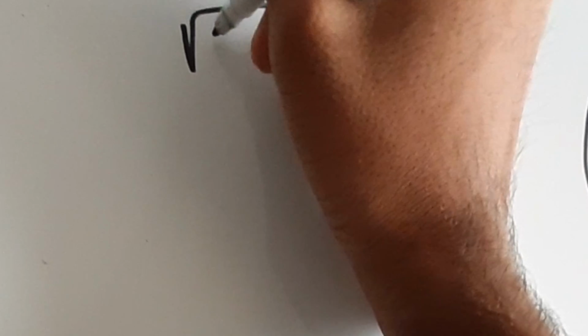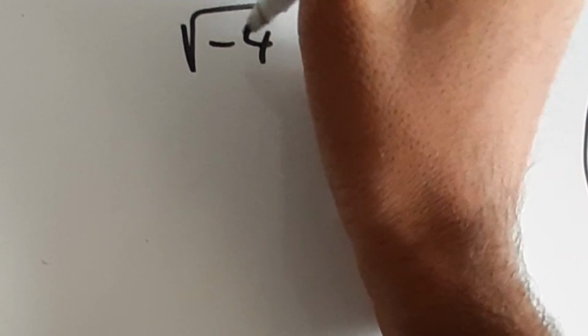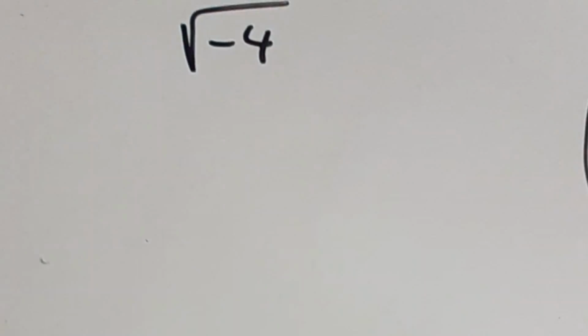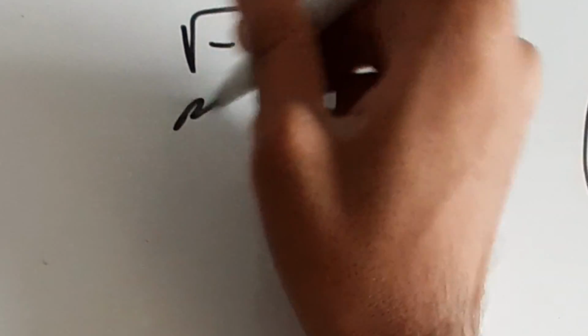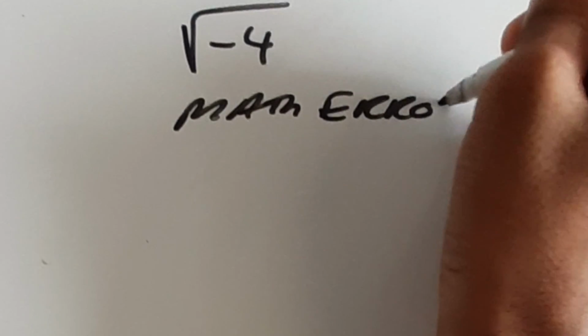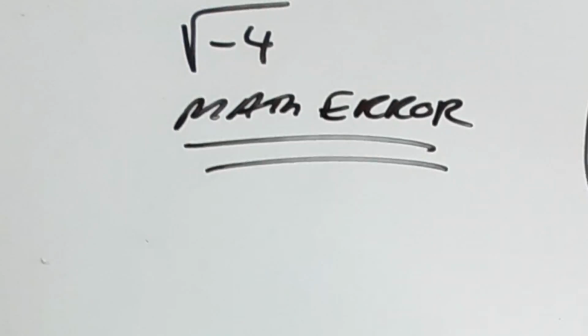On the other hand, imaginary numbers are used to solve questions that require the square root of a negative number. For example, the square root of -4, which cannot be done using real numbers. This is justified by a math error on the calculator when you enter questions like these in.